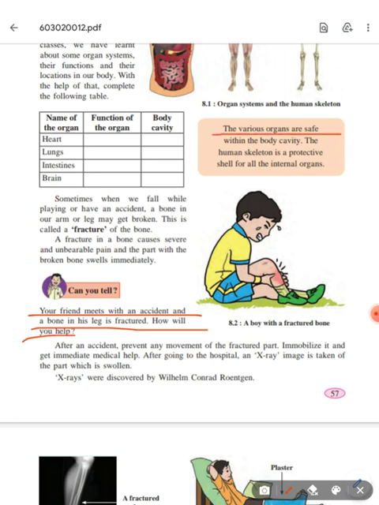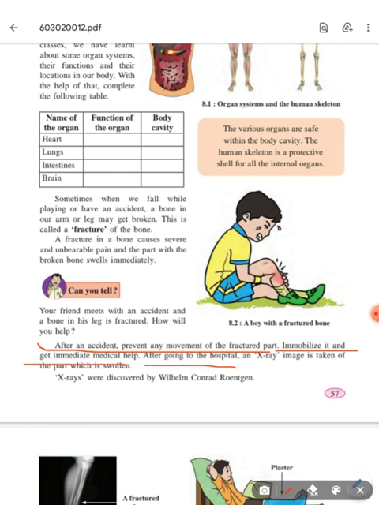The various organs are safe within the body cavity. The human skeleton is a protective shell for all internal organs. After an accident, prevent any movement of the fractured part, immobilize it and get immediate medical help.